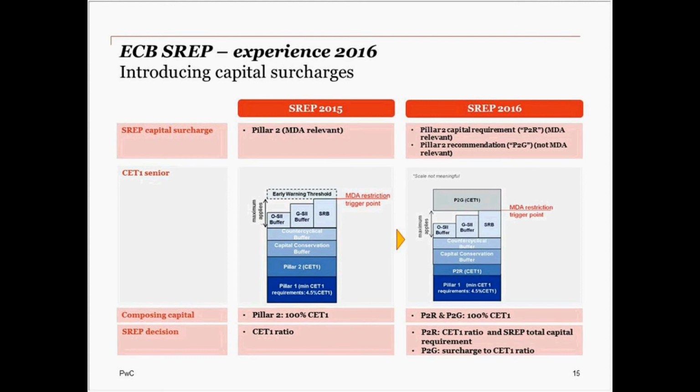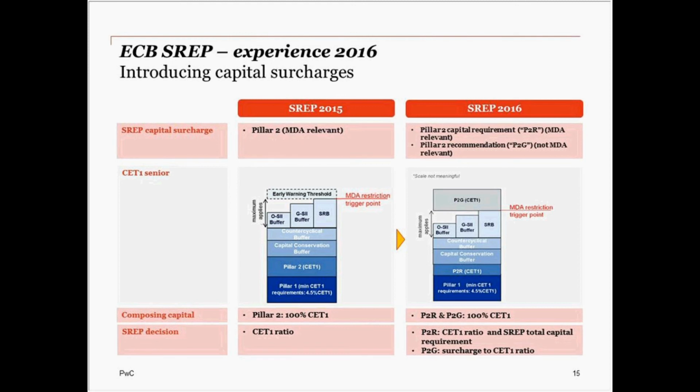As I said, in 2015, the ECB would only determine a CET1 capital ratio for the bank. That changed in the SREP 2016, and banks would now receive two Pillar 2 capital add-ons. There's the Pillar 2 capital requirement, P2R, and there's the Pillar 2 recommendation, Pillar 2 guidance, which is P2G.